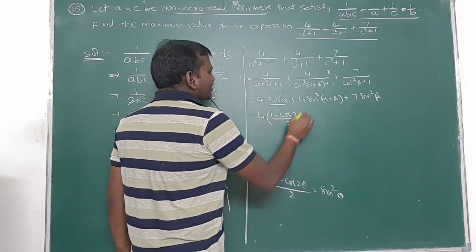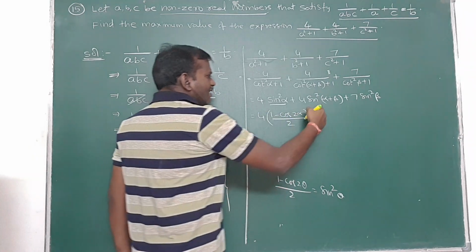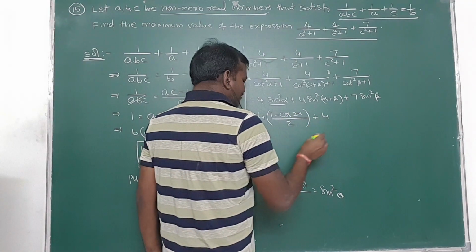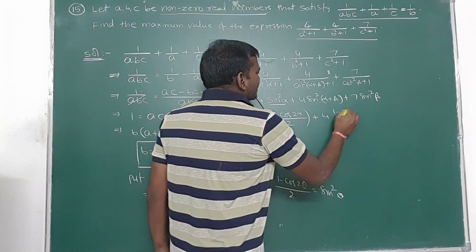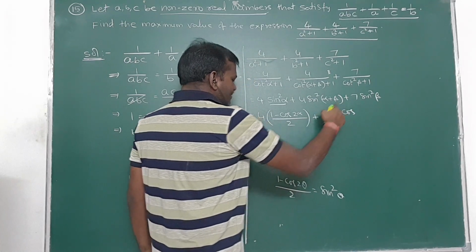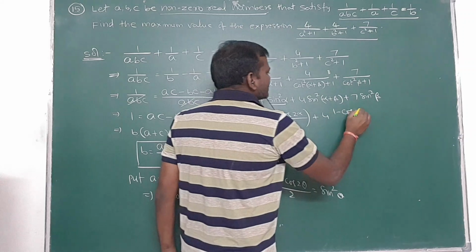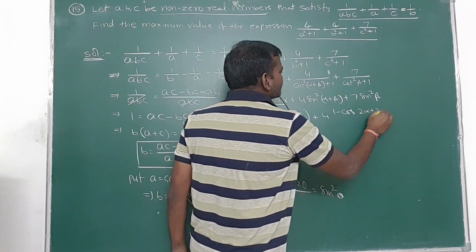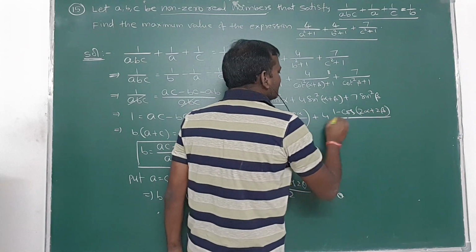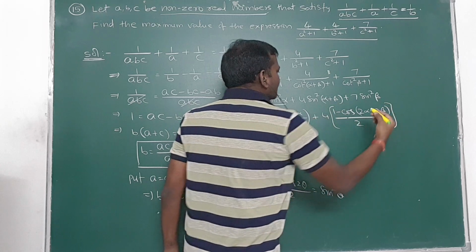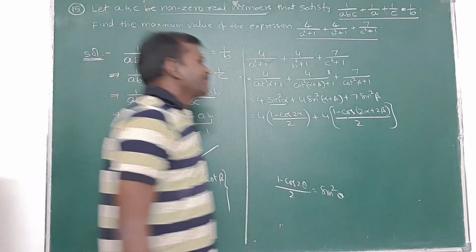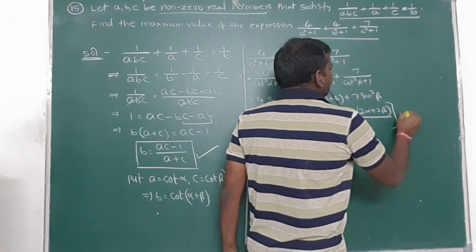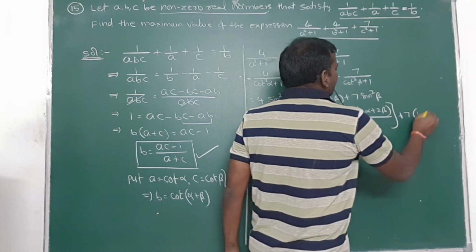Here also the same thing: 4 into 1 minus cos 2 times alpha plus beta, that means 2 alpha plus 2 beta, by 2. I value that one as usual.